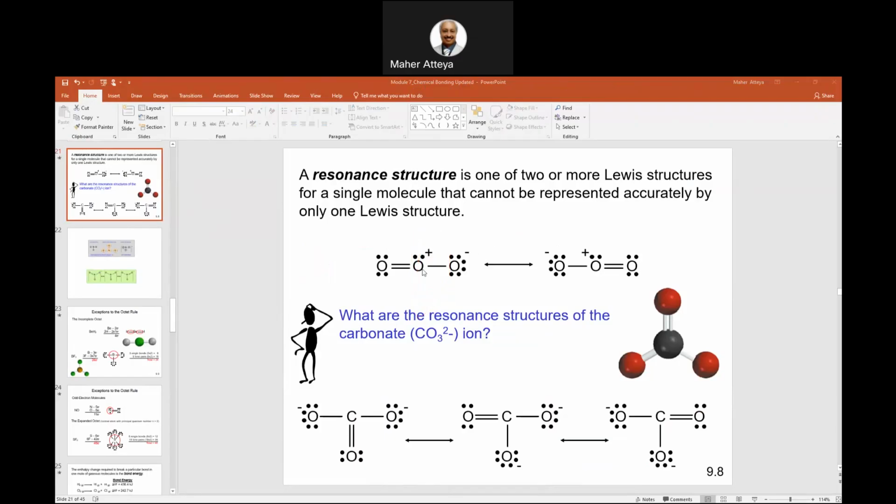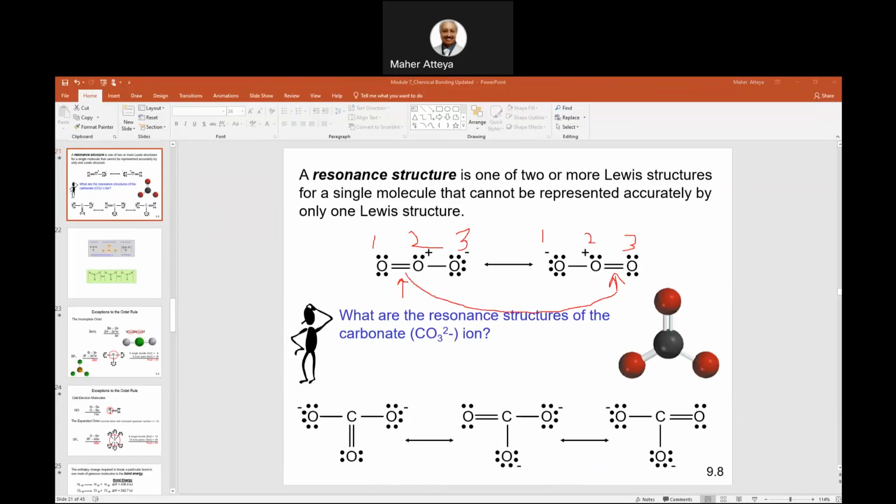Now, here is the same thing in a covalent bond. Look at this. The double bond can be here. If you number them 1, 2, 3, now the double bond has migrated here. This migration of the double bond from here to here is called resonance.